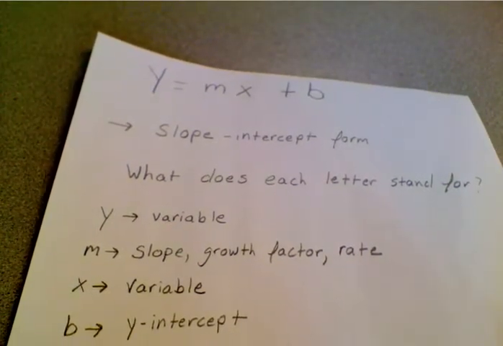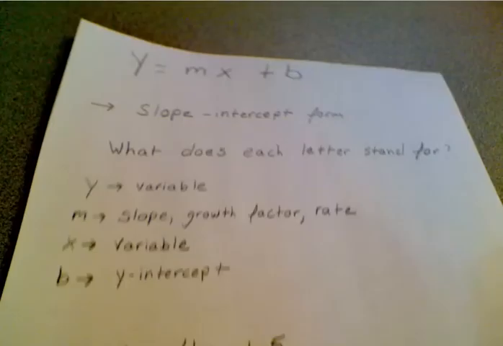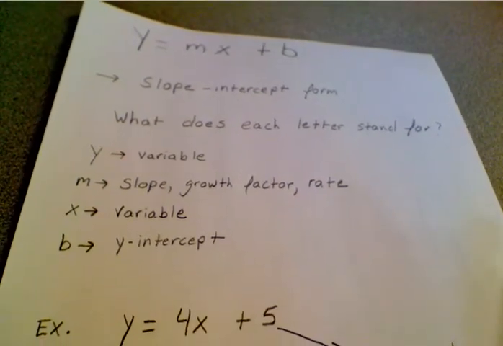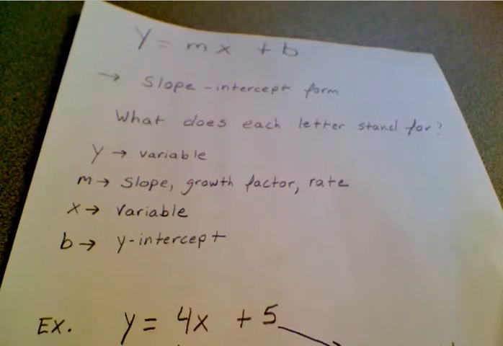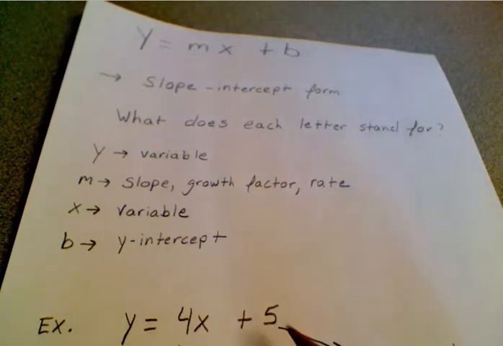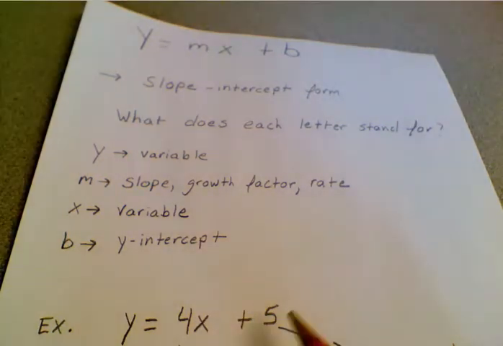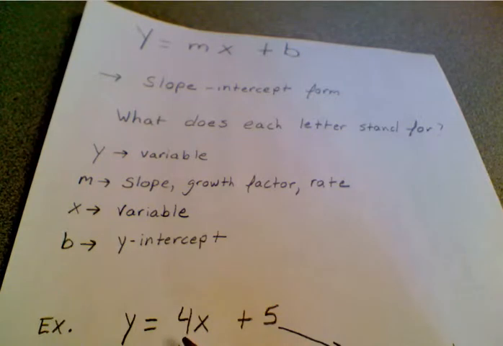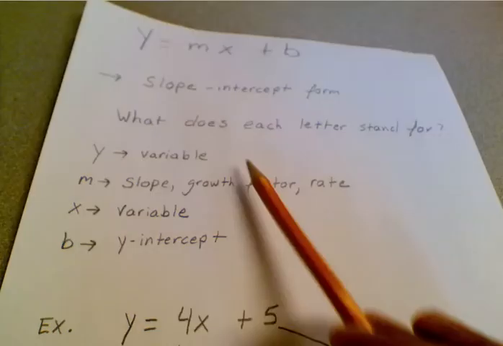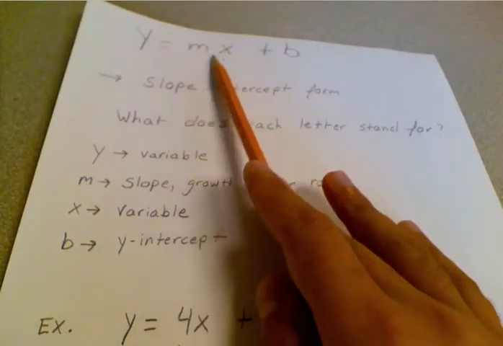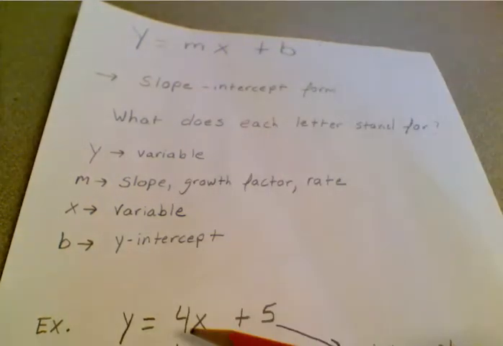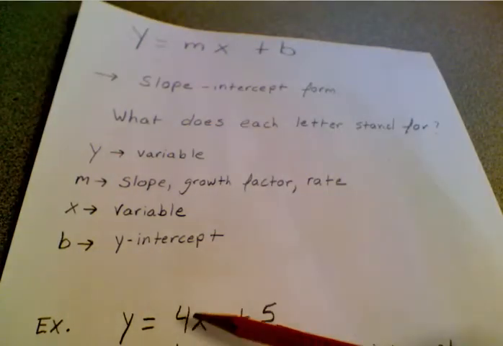So let's take a look at an example. If you had the equation y equals 4x plus 5, you're able to identify the slope and the y-intercept of this straight line. Well, m is in front of x, and the number in front of x is my slope.